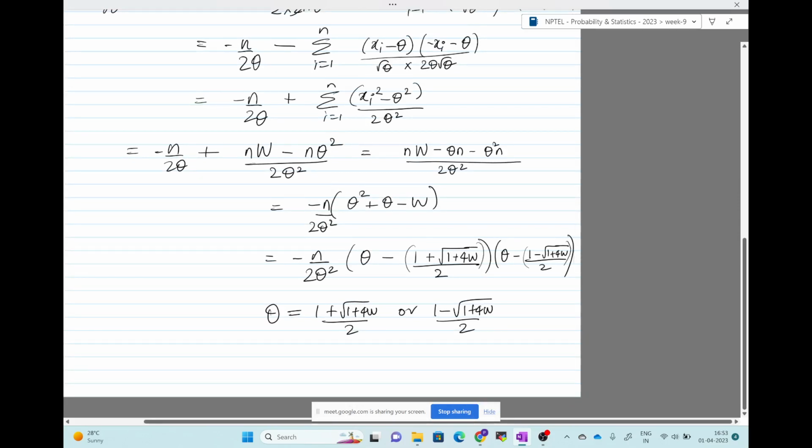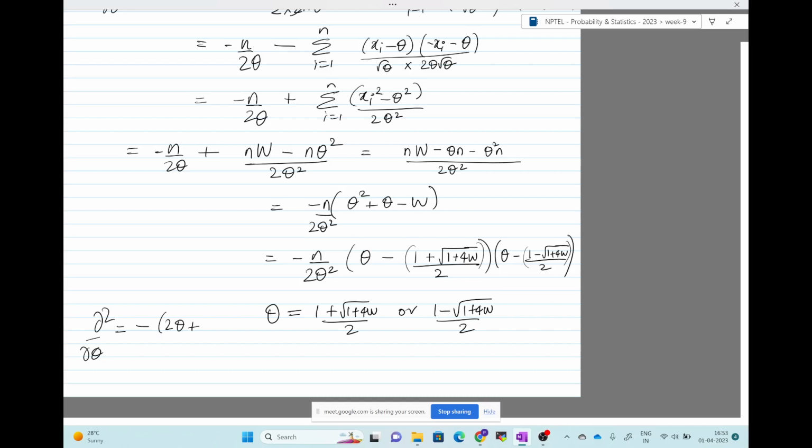So the double derivative of this quadratic will be what? If you take the double derivative, that will come out to be something minus times 2 theta plus 1. So for positive theta, your double derivative will be negative.